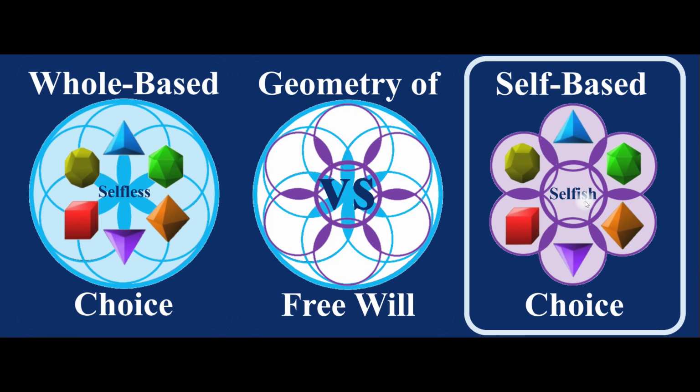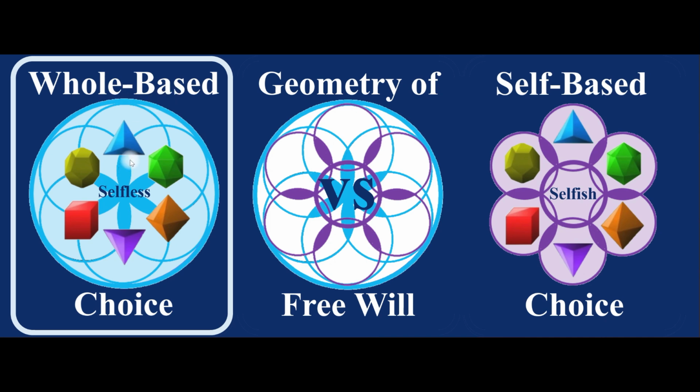Now, it's also very important to understand that we have an unconscious system of control called the fight or flight mechanism. And that unconscious system is actually what gets us to want to think in this defensive way, where our choices are separate from everybody else. The other option that you have for free will is to decide to use whole-based choice.